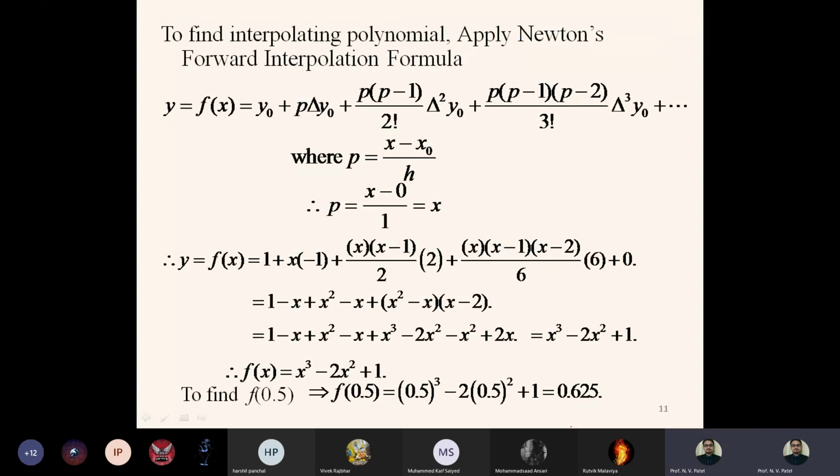So if it says construct the polynomial, get your answer in terms of x, the polynomial of x. Once we get this answer, we can also verify whether it is correct or not. And if it says hence find the value of y at a given unknown x, so if you have got the polynomial, put the value in that polynomial, and easily you will get the answer.